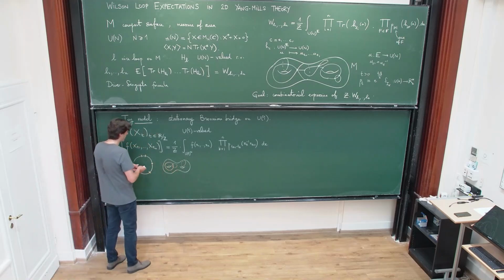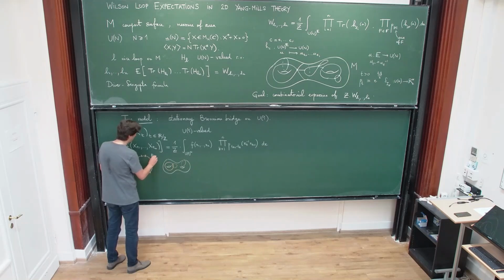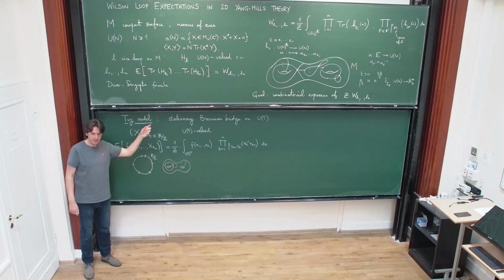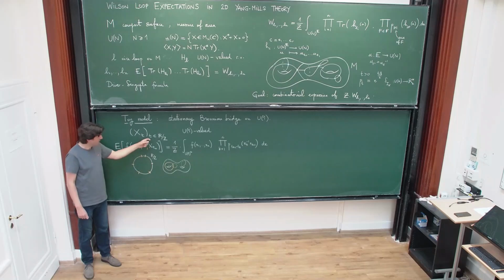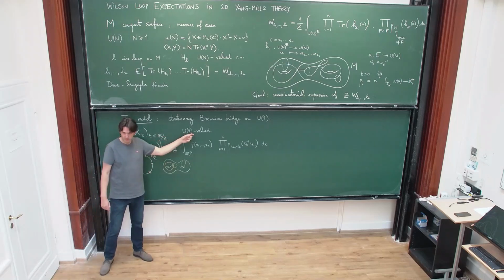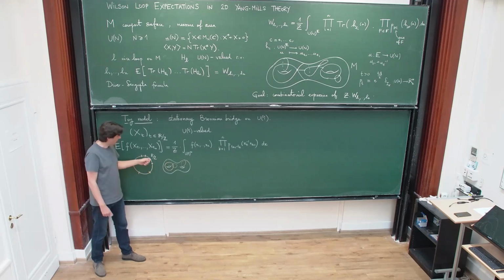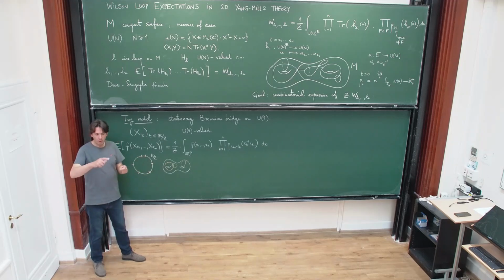This is not U1, this is R over Z. Here a source of confusion is that the index set is the same as the set of values. This is time. This is not angle or whatever we call it. So this is the time parameter of a Brownian bridge that moves in a circle.